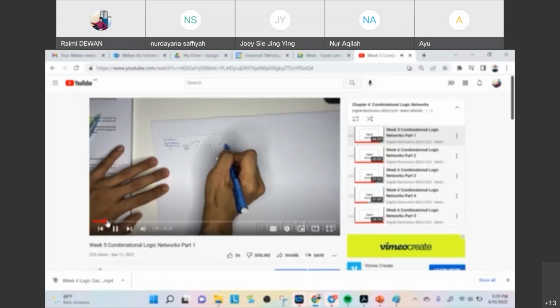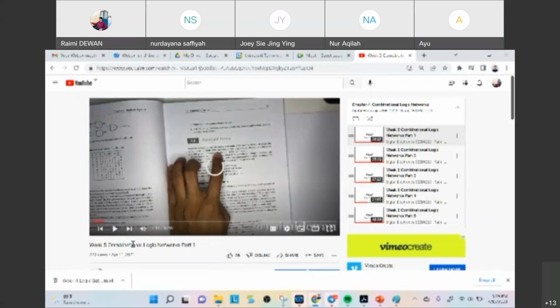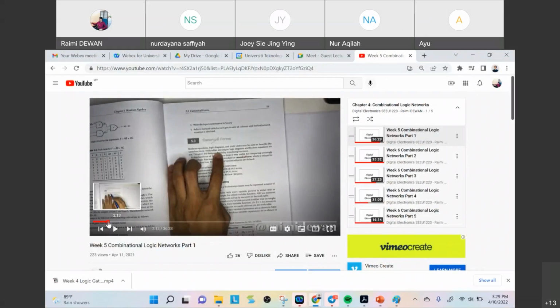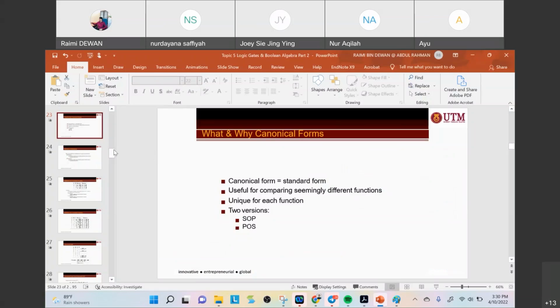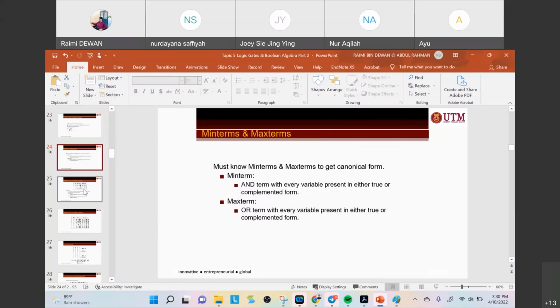Okay, maybe I will stop before this, because you can watch the combinational logic network. So here: what and why canonical form, and min and max terms.